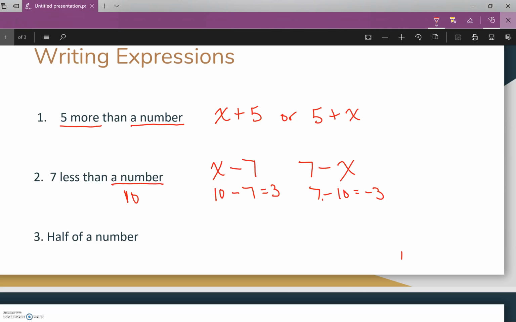That would be 13 less than 10. You would need to do 10 minus 13 to get negative 3. So that's not going to work. Your only expression for this one is x minus 7. So just remember the subtraction ones can be a little tricky.